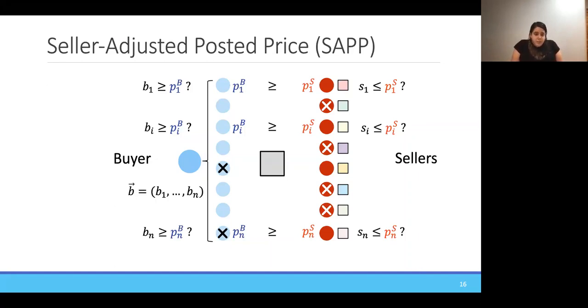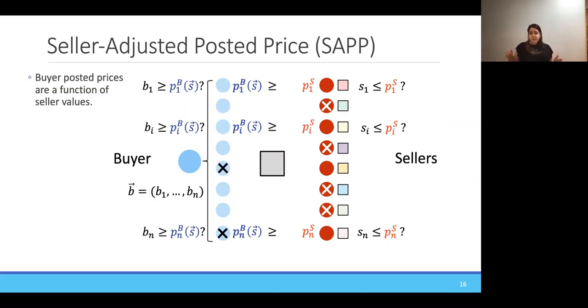Instead, what the seller adjusted posted price mechanism is, for the buyer, we post prices which are a function of the seller's values. So rather than just post prices independent of the seller's values, we're going to use the seller's values to set the prices for the buyer, which allows us to earn a lot more gains from trade because it's dependent on the seller's values.